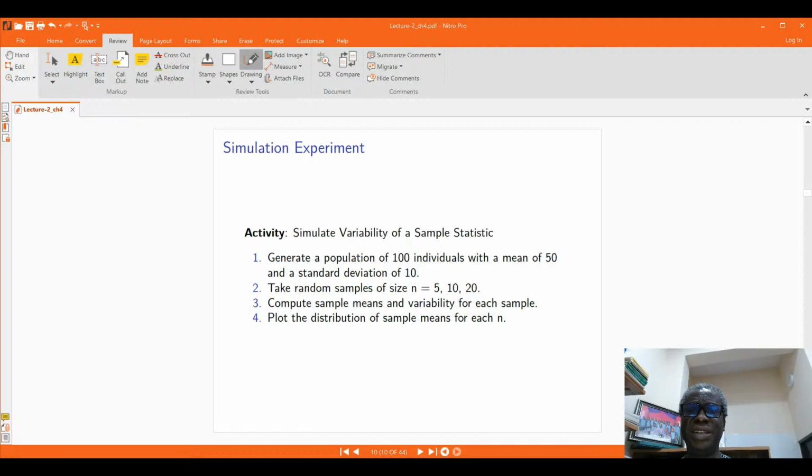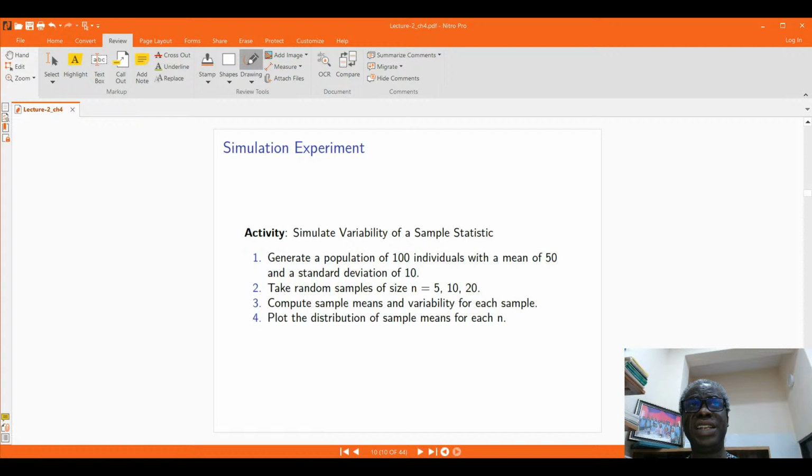We are generating the age of those individuals, and our population is made up of 100 individuals, but the mean age is 50 and the standard deviation is 10.